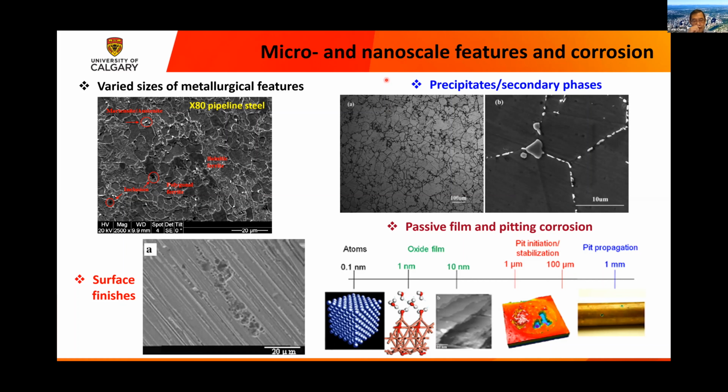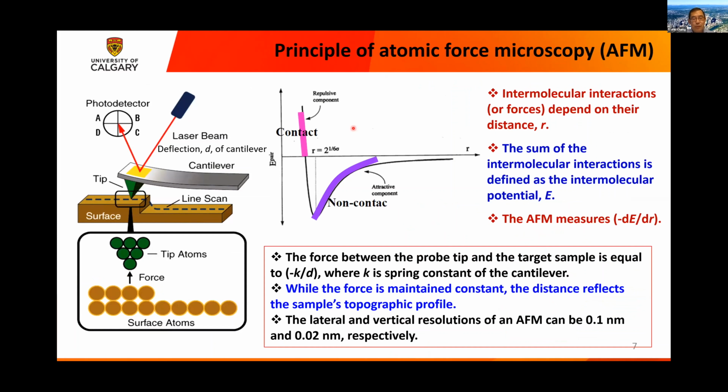Okay, next. If we perform materials science or surface science research, we are supposed to know a very important technique, AFM, atomic force microscopy. AFM, in principle, is one of the most sensitive techniques to study materials properties, especially surface or subsurface properties.